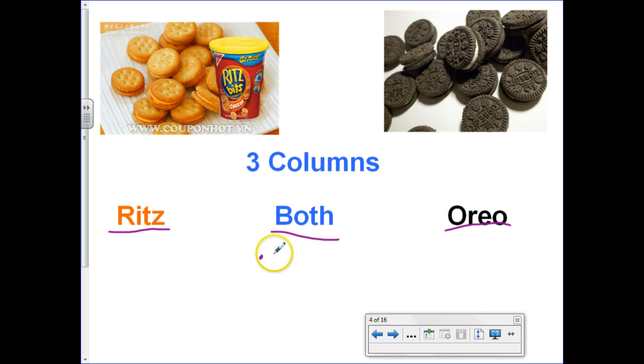For example, both of these are round. Both of them are small. And kind of keep going. Generate a list of things they have in common. Then things that are unique to just the Ritz Bits, put those in that category, and similarly with the Oreos, put that in that category.